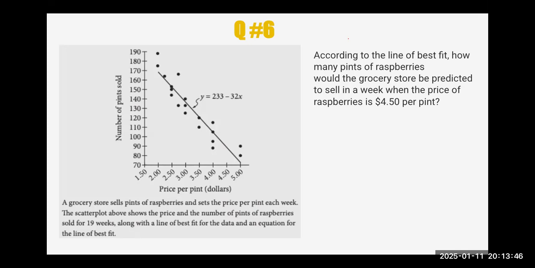Okay, so basically, according to the line of best fit, which is defined by y equals 233 minus 32x, where x is the price per pint. So $4.50 is the price per pint, then it would be y equals 233 minus 32 times 4.5.